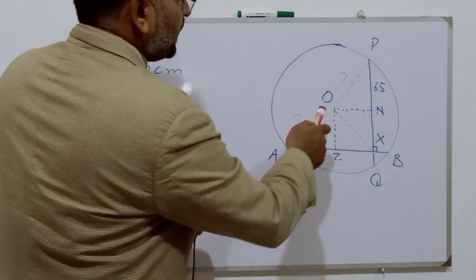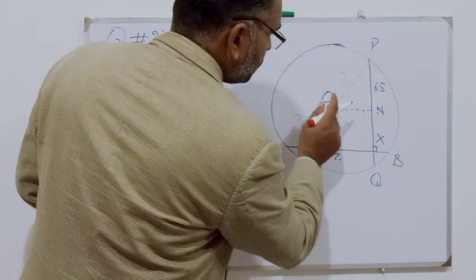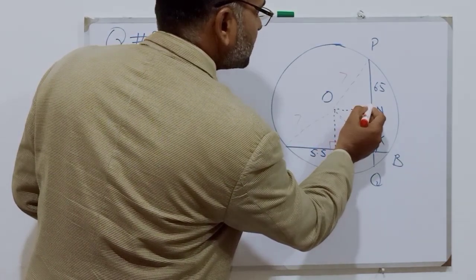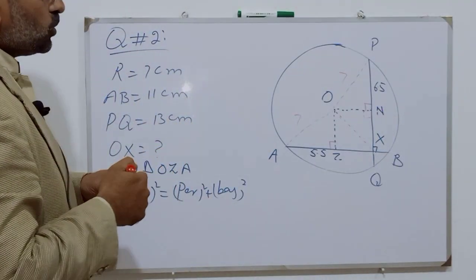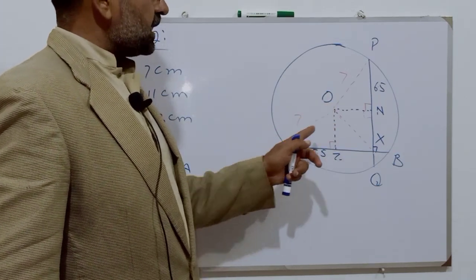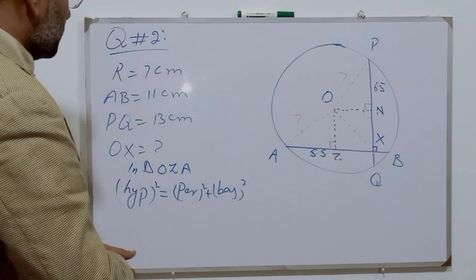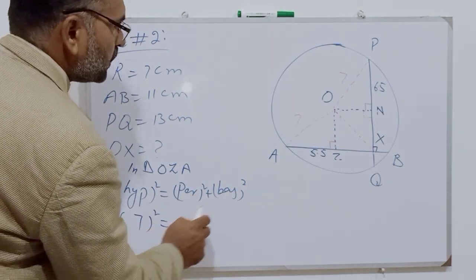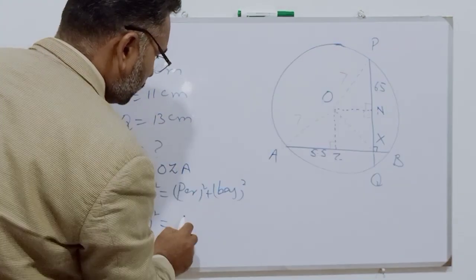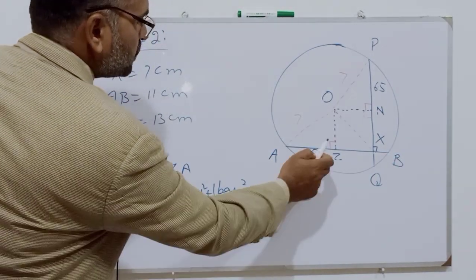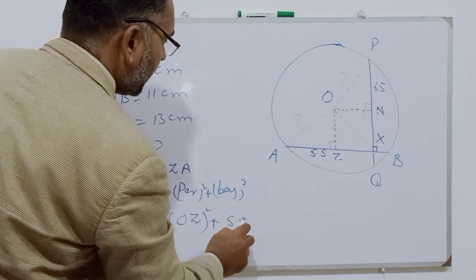Hypotenuse will be the radius of the circle because we have dropped perpendicular from O and it is right angle as well as this is right angle. So hypotenuse is the opposite side of right angle, that is OA, and the length of OA is 7 centimeter. So I will write 7 square is equal to perpendicular OZ, which we have to find, so I will write OZ square plus base is 5.5 square.